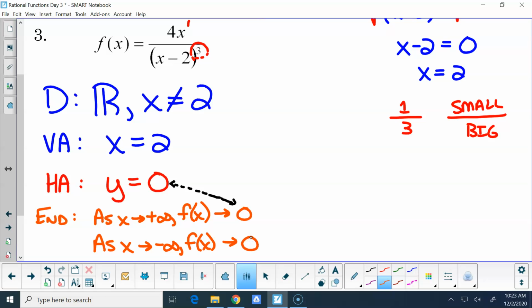Yeah? So if I put in a really huge positive number, I'm going to end up with a positive number on top, because 4 times that really huge number is still going to be positive. And I'm going to end up with a positive number on the bottom.